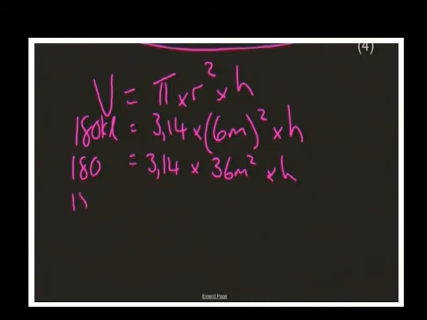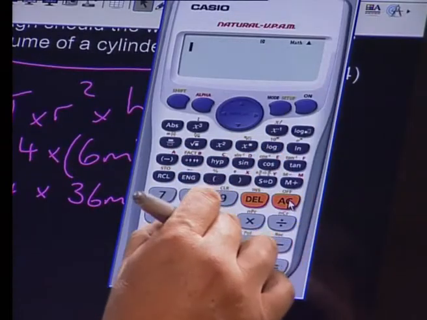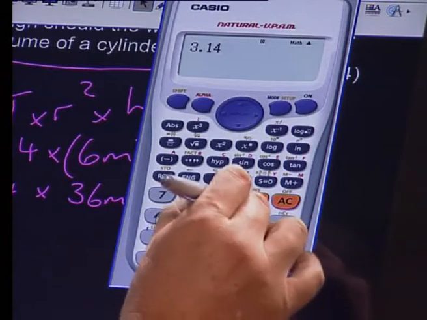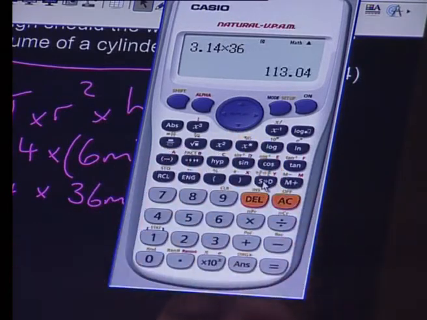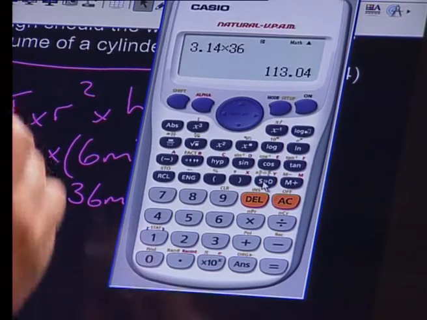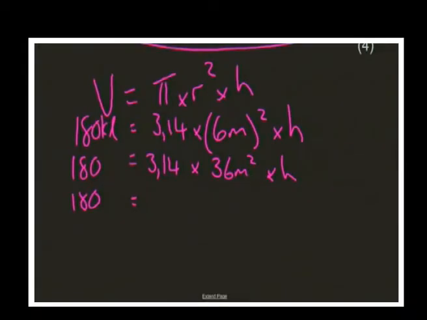Let's multiply those through together: 3.14 multiplied by 36, and I get an answer of 113.04. So it's 113.04 meters squared times h.